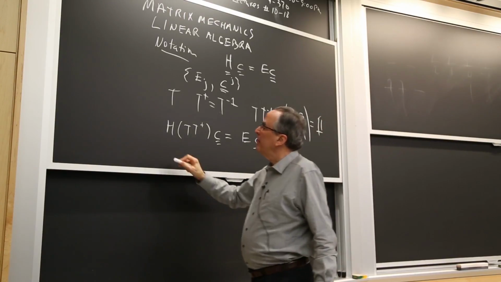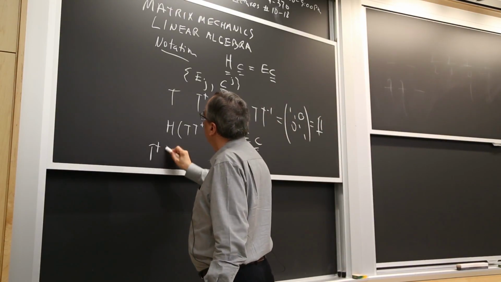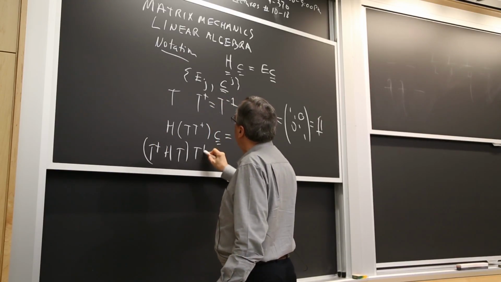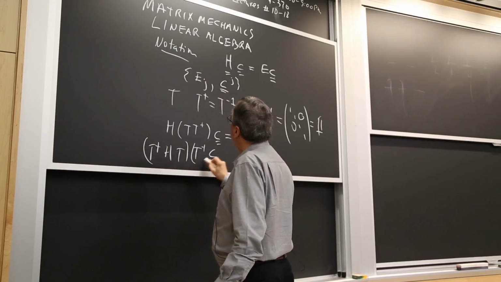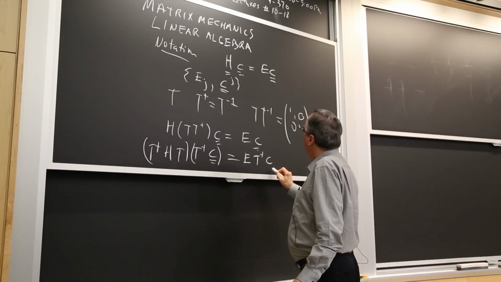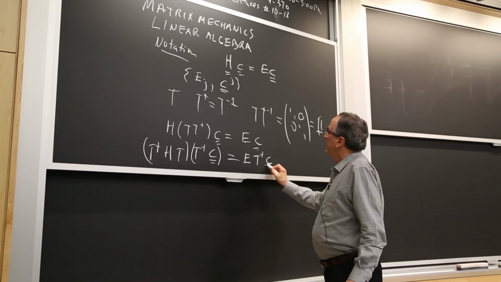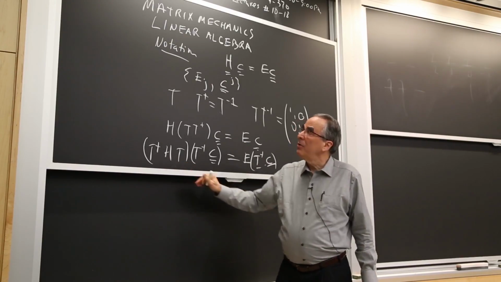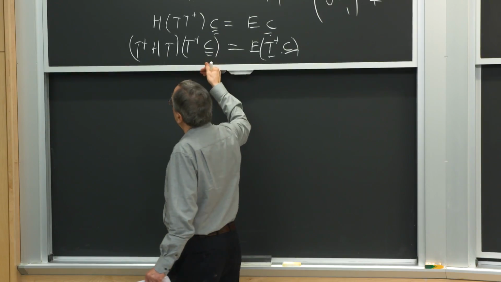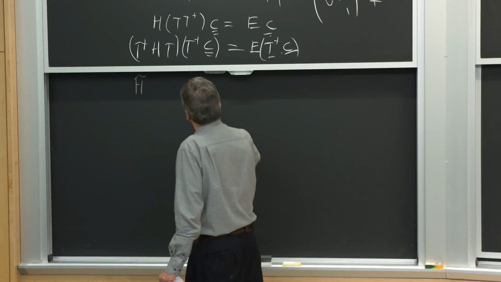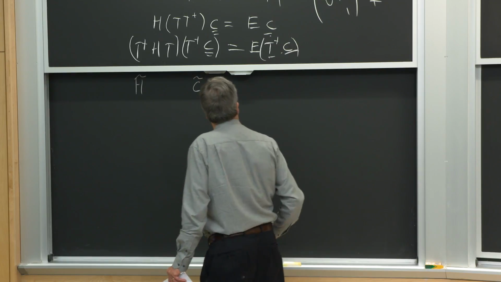And then we left multiply by T dagger, and we put parentheses around things. Okay, so this is now what we were calling H tilde, and this is C tilde.